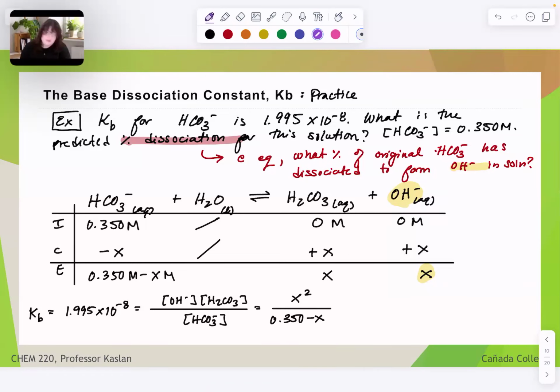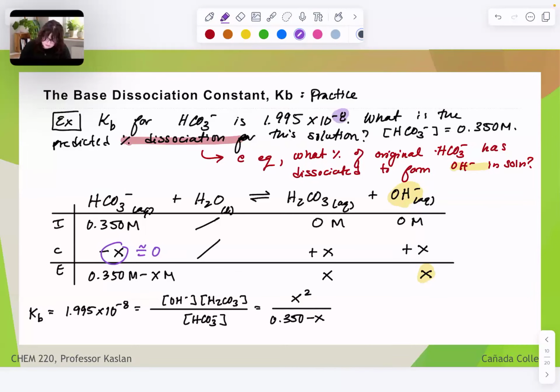And let's analyze if we can apply the small x approximation here. So KB is incredibly vastly tiny, right? 10 to the negative 8. So we are going to assume that compared to the original concentration of base in solution pre-dissociation, this change is going to be pretty negligible to get to equilibrium.